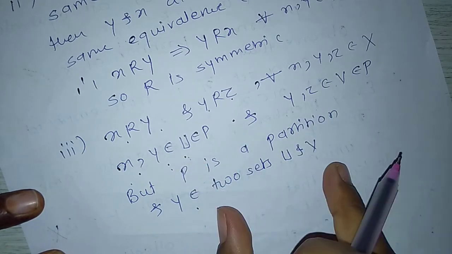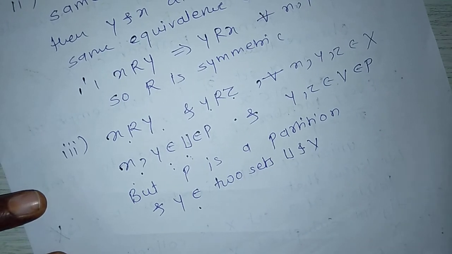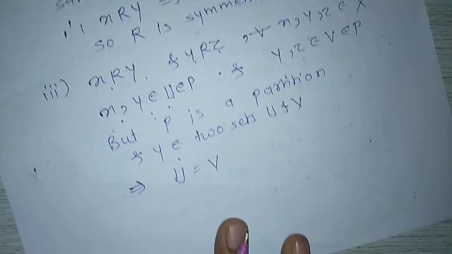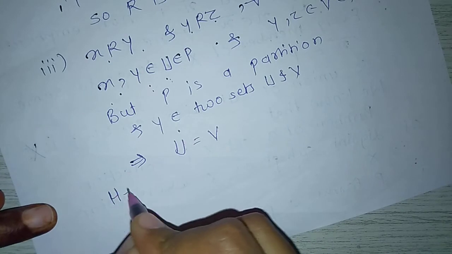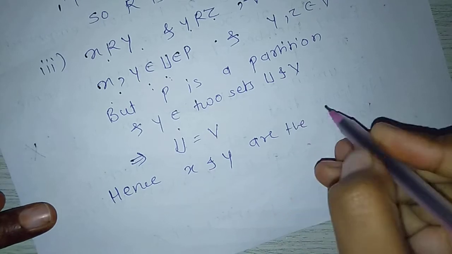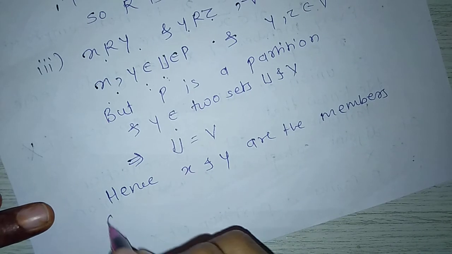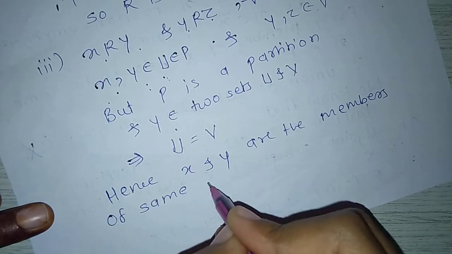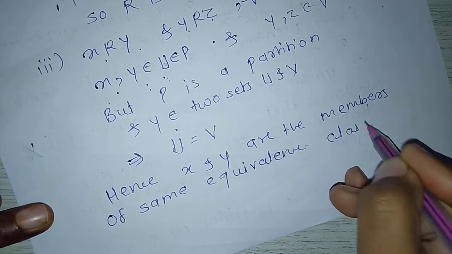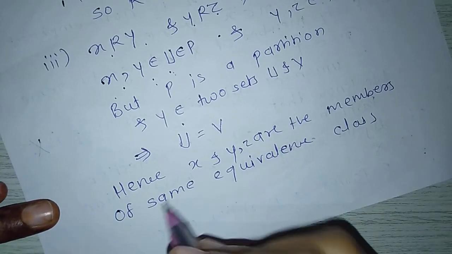But y belongs to both sets, so these two sets are definitely identical, which implies U equals V. Hence x, y, z are members of the same equivalence class.